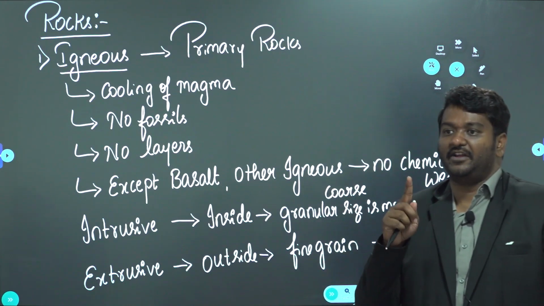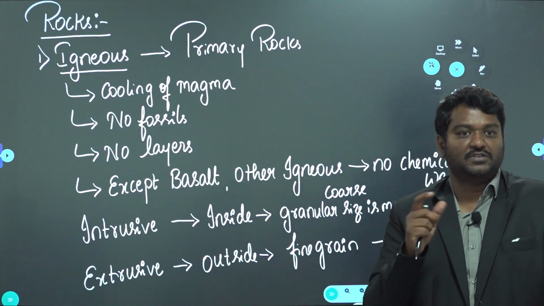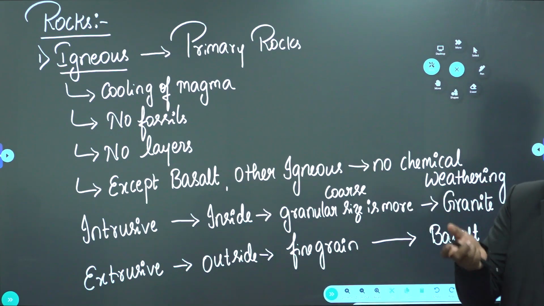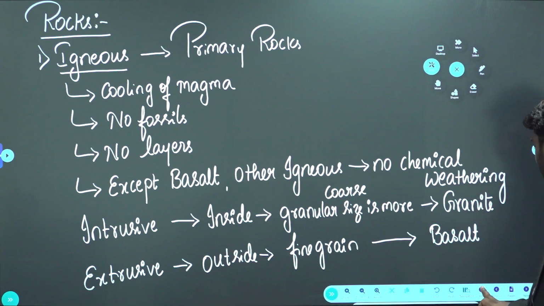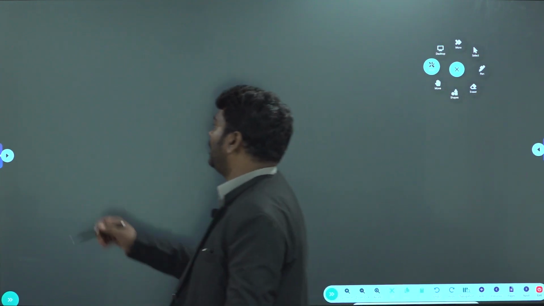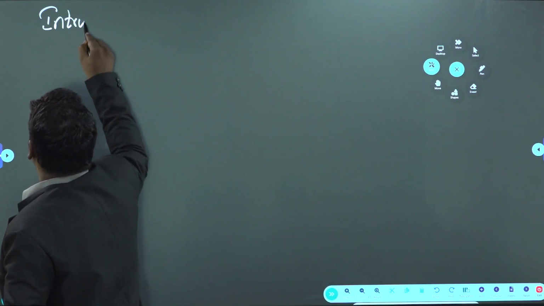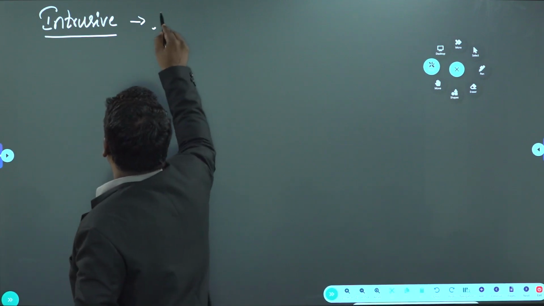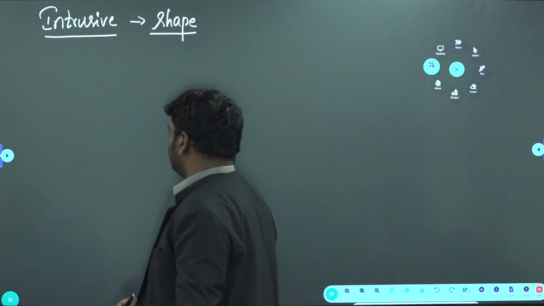Extrusive are divided on the basis of silica content. Again, extrusive is on the basis of silica content. Acidic, basic, ultra basic. Fine. Extrusive is divided into acidic, basic, ultra basic, whereas intrusive is on the basis of shape.